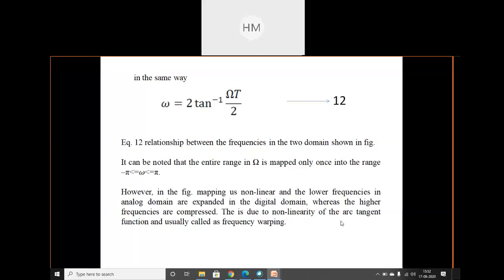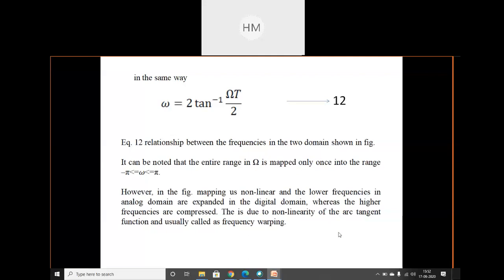This is due to the non-linearity of the arc tangent function and is usually known as frequency warping. Sometimes when we convert, we get non-linearities in the mapping. That non-linearity is due to the arc tangent function, tan omega by 2.